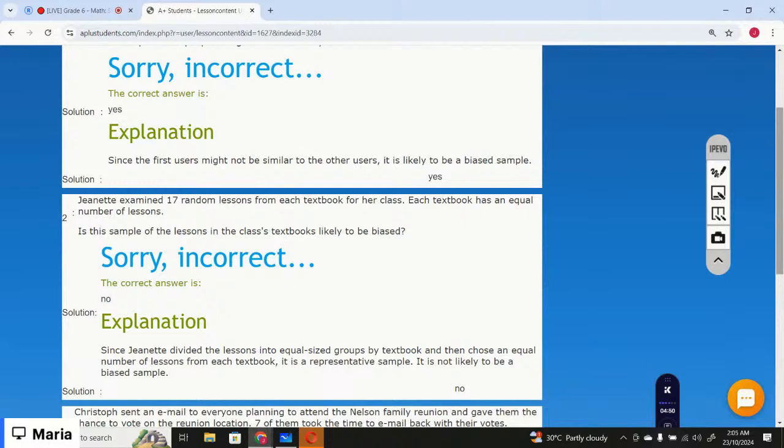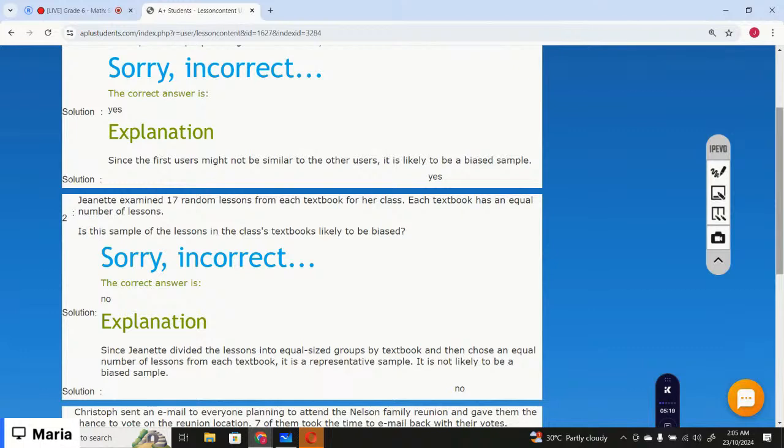So that is the random data, not the biased sample. The correct option is not biased. That is representative data, since Janet divided the lessons into equal sized groups by textbook and then chose an equal number of lessons from each textbook. So when you make the data in groups, that is the representative sample, not the biased sample, right?